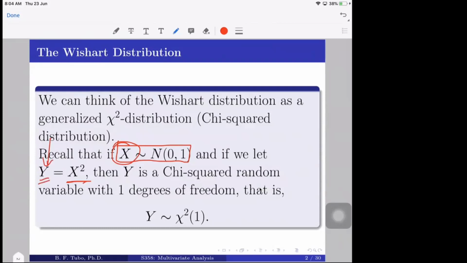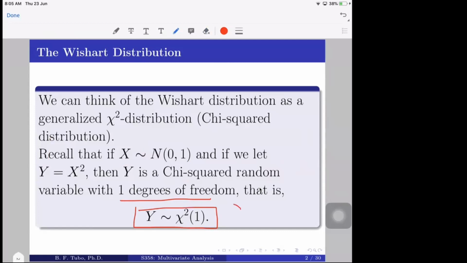Then y is no longer normally distributed, but it will become a chi-square distributed random variable. Since this is the univariate case, the chi-square is associated with degrees of freedom, and in this case it is just 1 degree of freedom. So, in short, we can write y to be chi-square distributed with 1 degree of freedom.